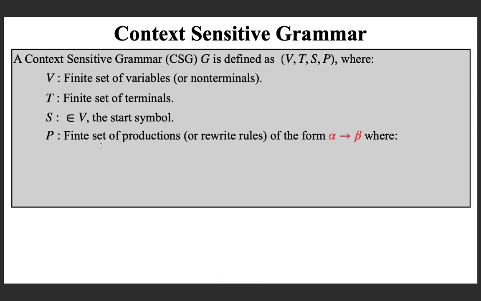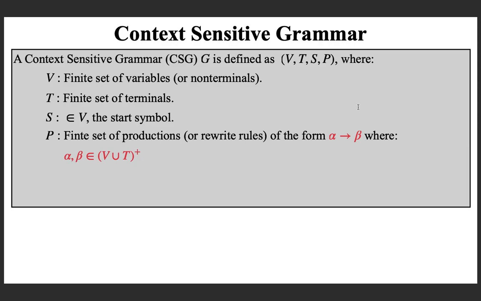And for a context sensitive grammar, the production or rewrite rule can be of the form alpha going to beta, where alpha and beta are any strings of variables and terminals with the length at least 1. See, this is a plus, meaning epsilon is not allowed.